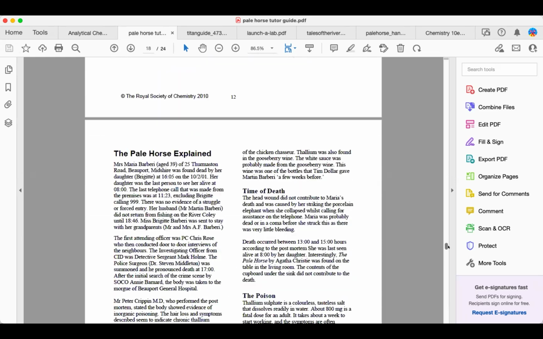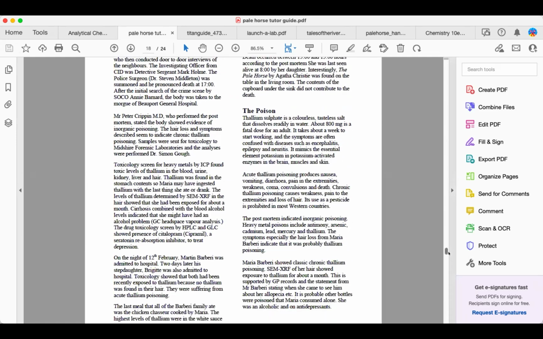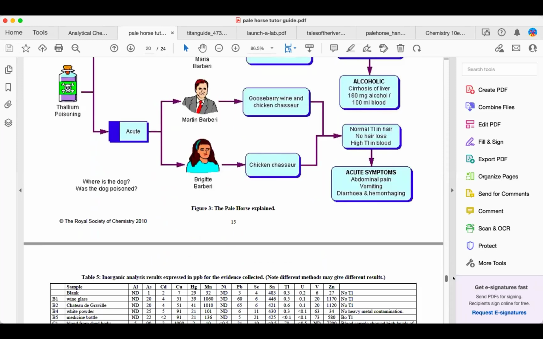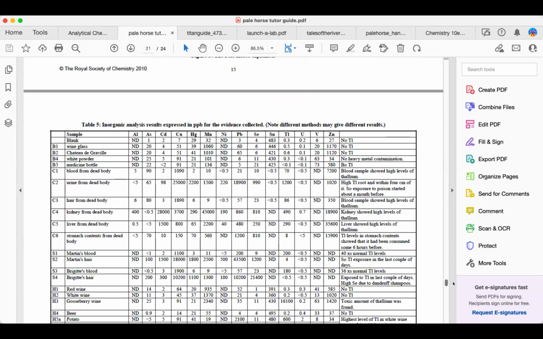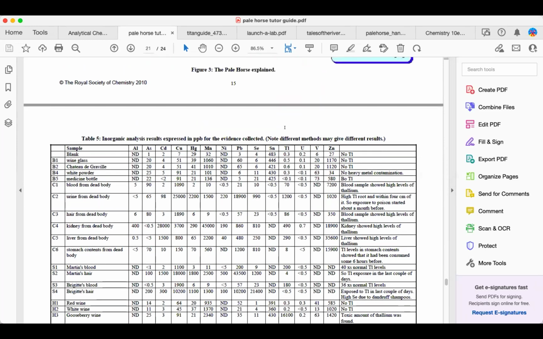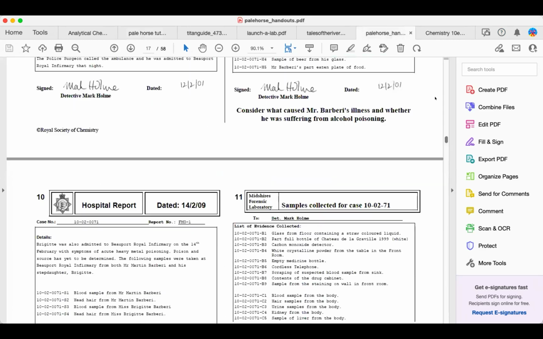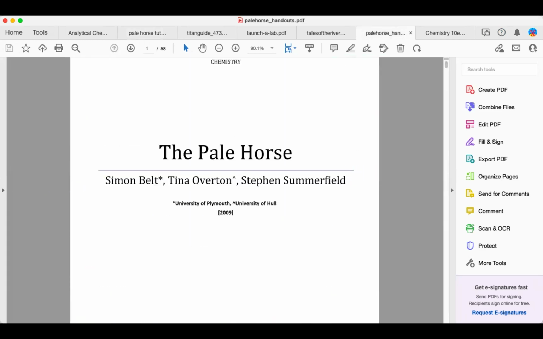This will actually not be given to you. The one that will be given to you is this. This is the detail.